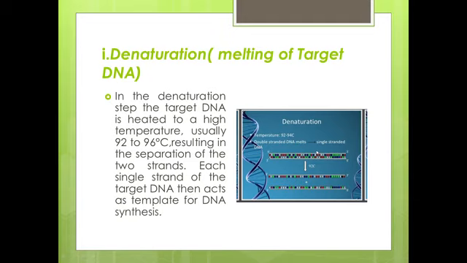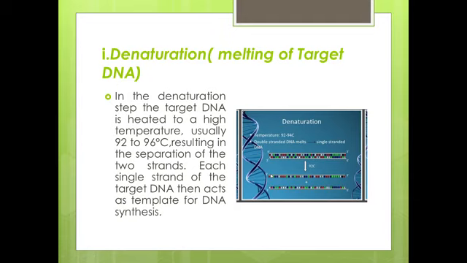It is heated at about 92 to 96 degrees centigrade, and as a result at this temperature, these two parent DNA strands will separate. The parent DNA strands separate, so that now the DNA becomes single stranded.